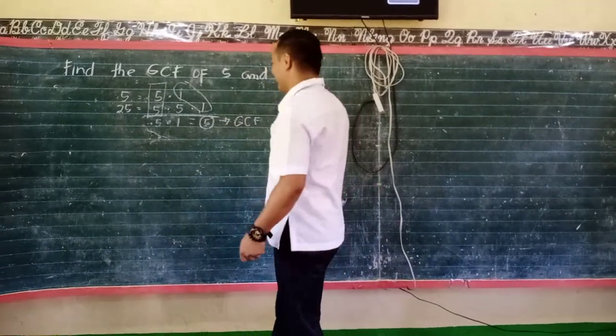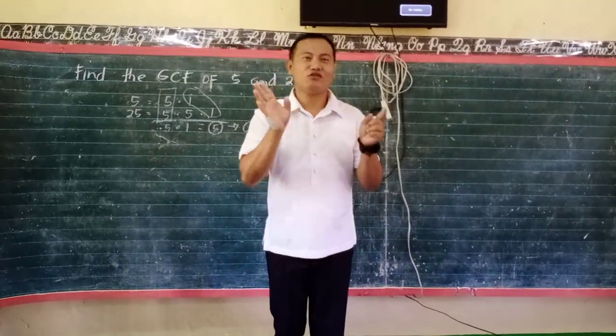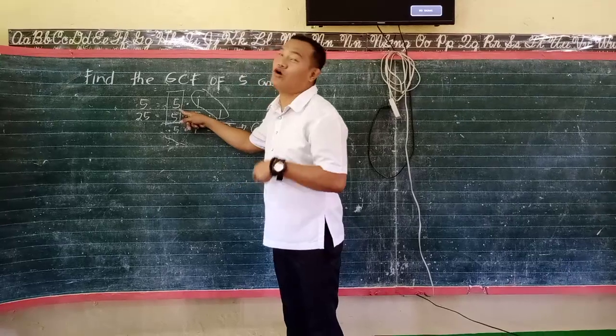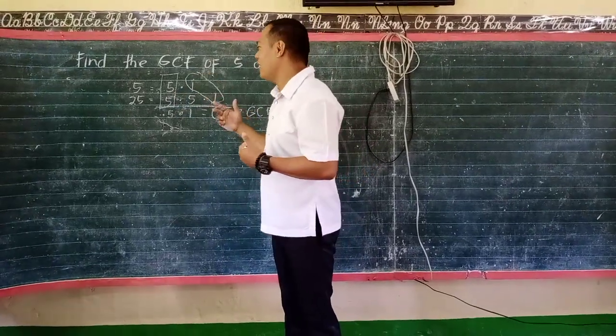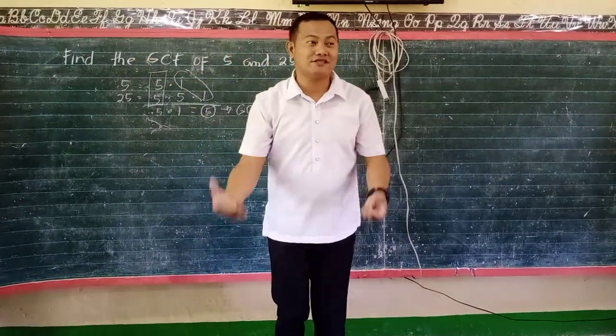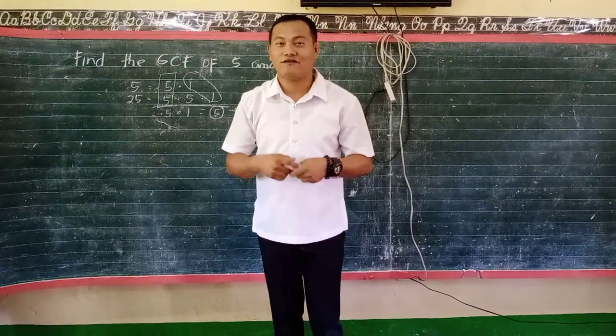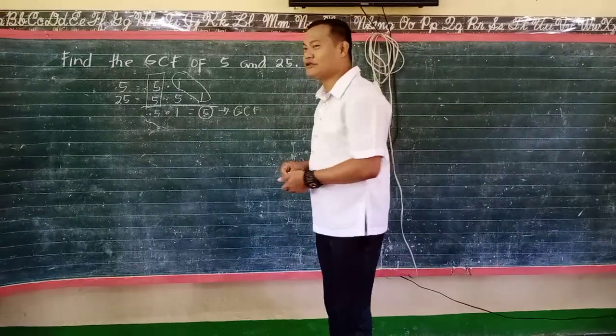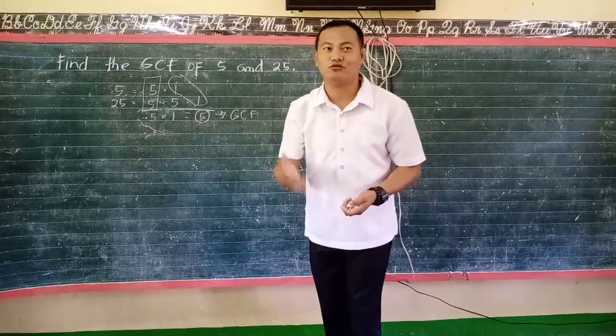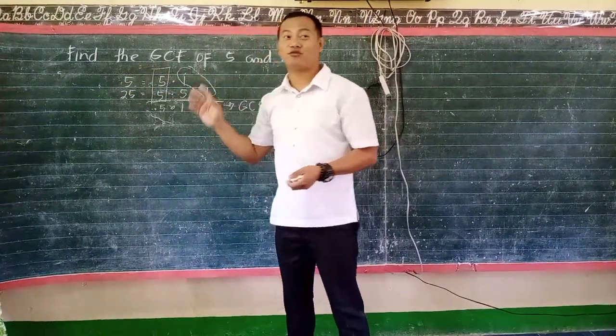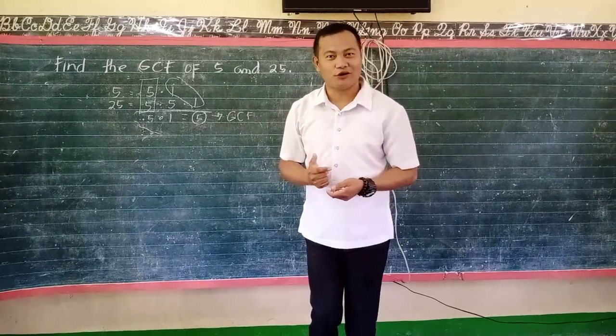Very good. Okay, so if you don't wish to think of numbers that are factors of 5 and 25, as I have said earlier, we can use the factor tree. How are we going to do that? I will show you how to get the factors of 5 and 25 using the factor tree.